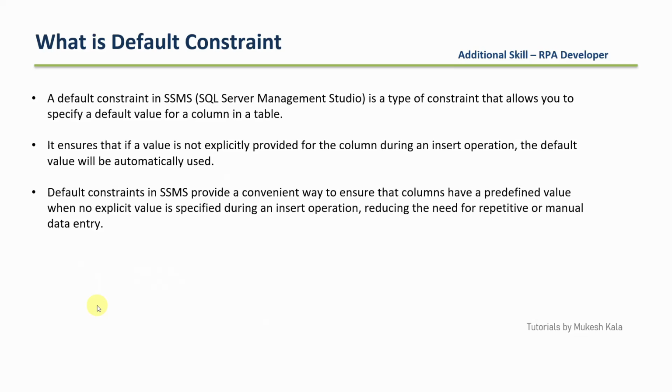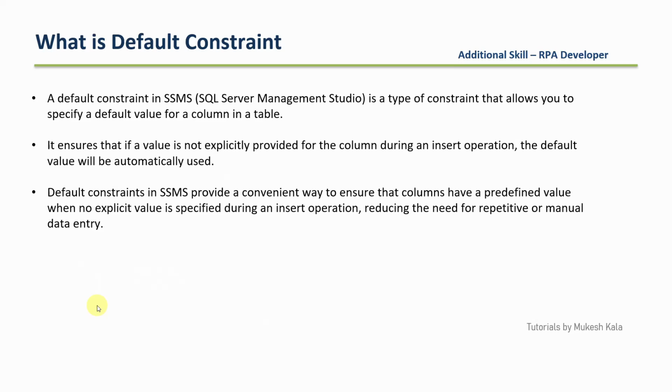Or I am creating a database for my country, India. I want to make sure that if anybody forgot to provide that value, we put it as India, right? So if you have any column in the database where you want to have some default value, we can use something called a default constraint.